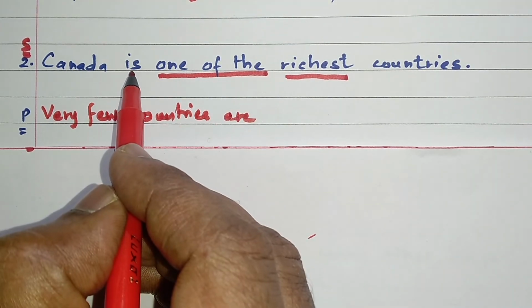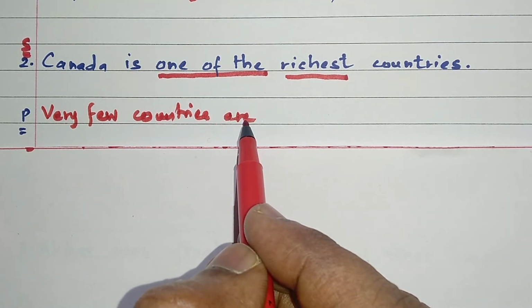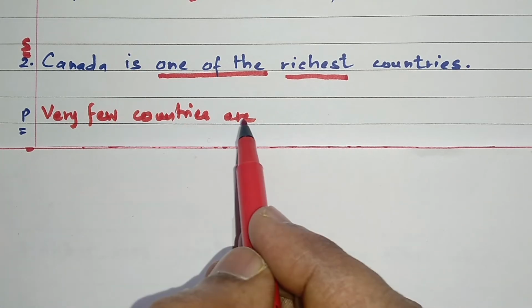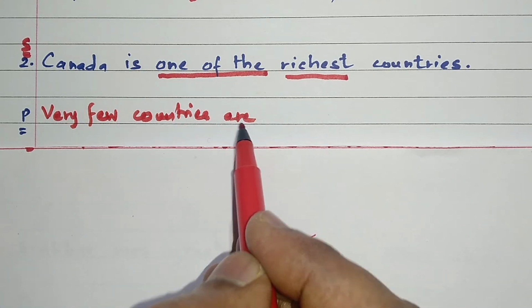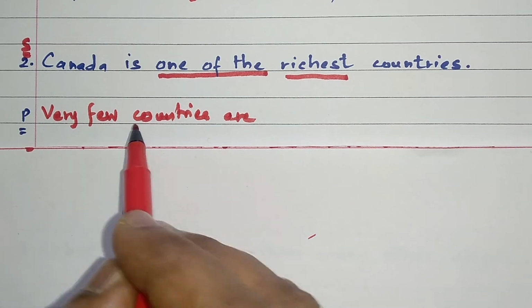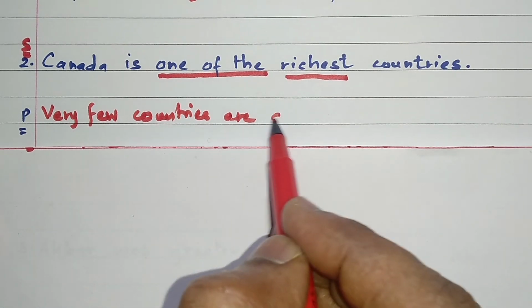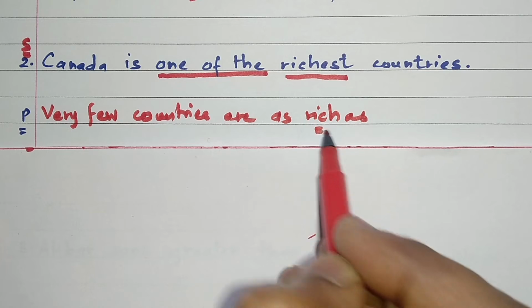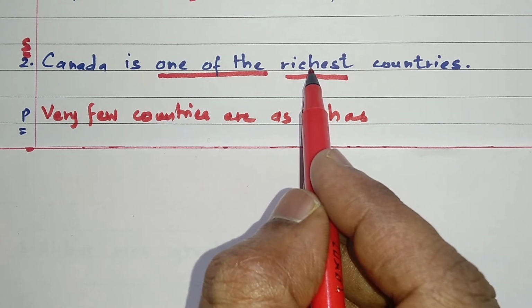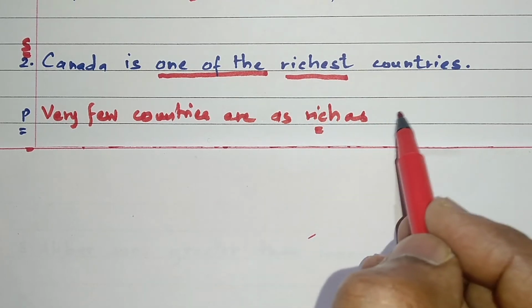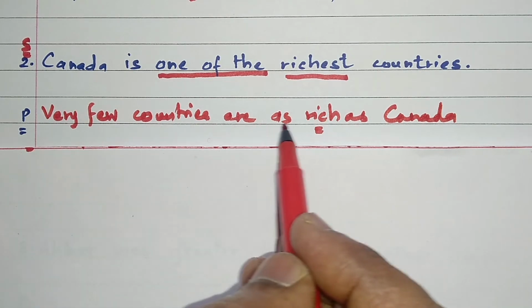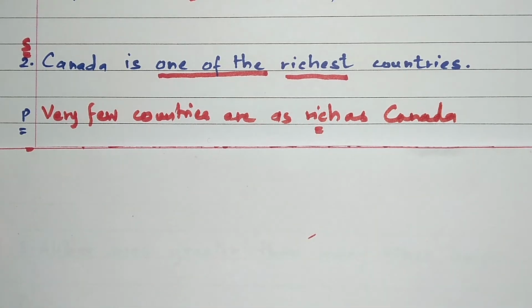Since in the question it is, we are using are. Just for your information's sake, friends, in case the question contains was, then obviously you will use were. Very few countries are as rich as. Rich, positive degree of richest, as the subject, that is Canada. Very few countries are as rich as Canada, positive degree.